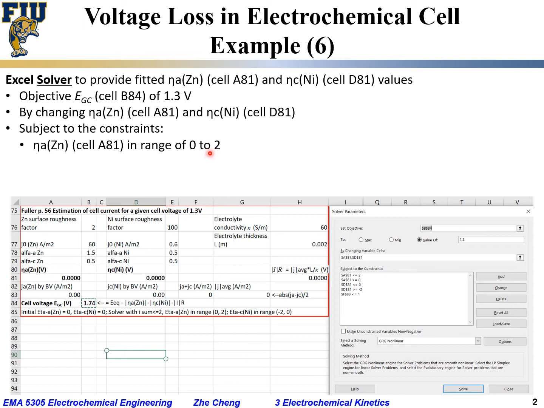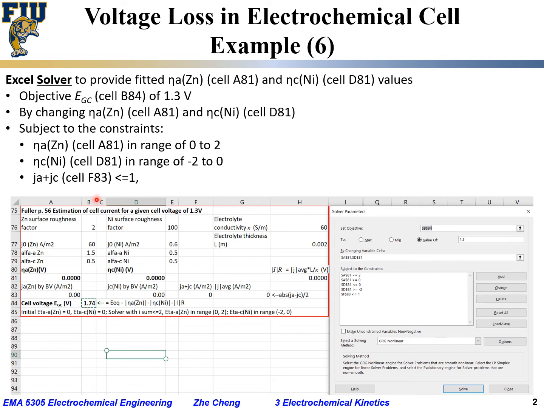Okay, actually it should be 1.74. Similarly, eta C nickel, which is cell D81, overpotential for nickel cathode, because it's cathodic overpotential, we set it to be from -2 to 0. Actually it should be -1.74 to 0, considering this cell open circuit potential. Our equilibrium is only 1.74.